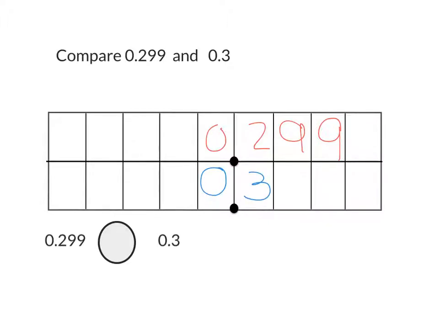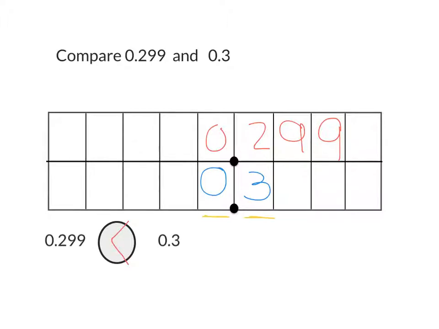And so if we take a look here, we'll see that in our ones place, we have nothing. We'll go ahead and move on to our tenths place. Now in our tenths place, we have a 2 and we have a 3. So the 3 in our tenths place is larger. That means that the number 3/10ths is larger. We would go ahead and fill this out as 299 thousandths is less than 3/10ths.